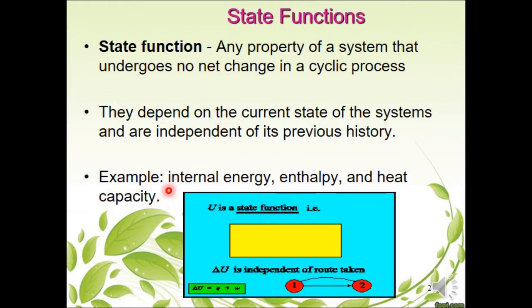Examples of state functions are those with a capital letter, for example internal energy U, enthalpy H, and heat capacity C. The rest that are not capital letters, like heat or work, are not state functions, meaning they depend on the previous history or on the path taken.